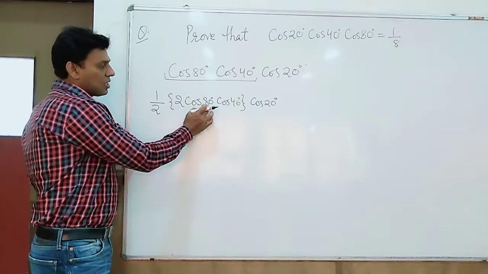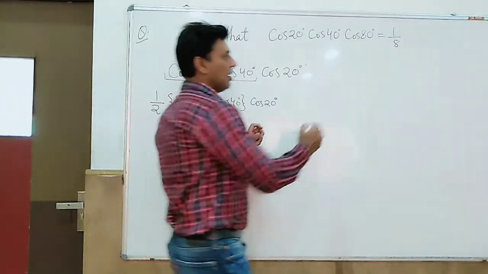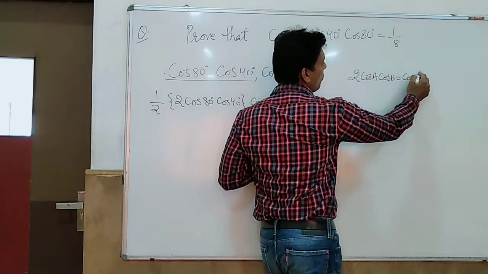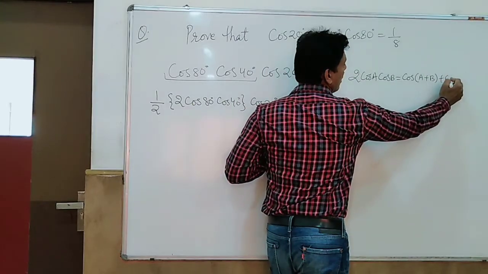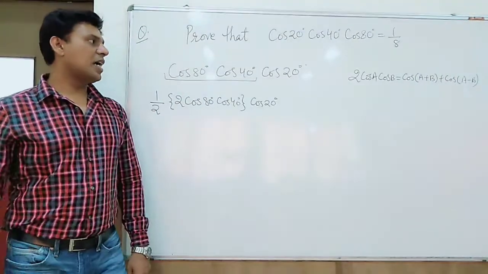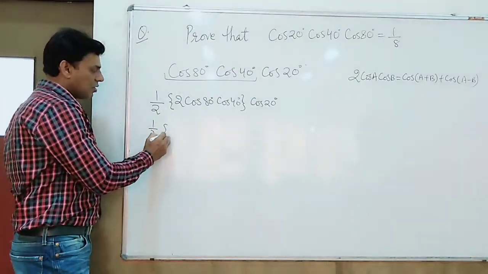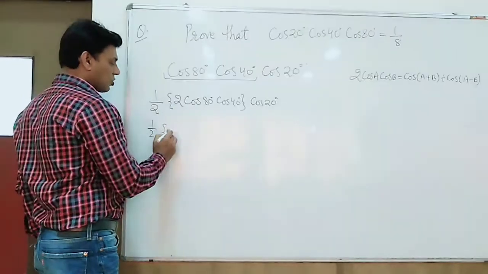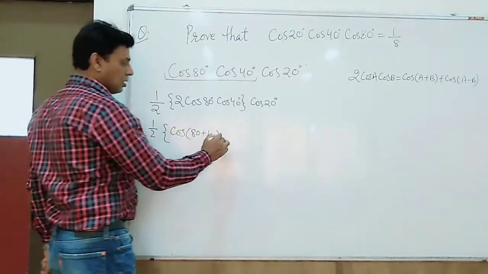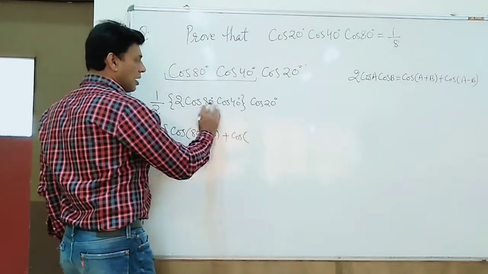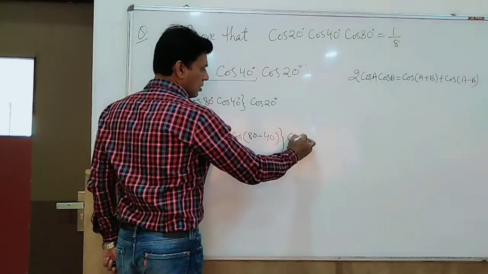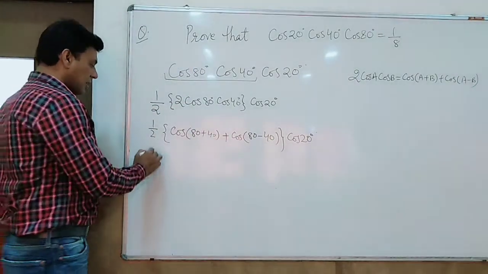Now you have 2 cos A cos B. So you have to use the formula of 2 cos A cos B, which is equal to cos A plus B plus cos A minus B. This is the formula for 2 cos A cos B. So we will apply the same formula, half. So 2 cos A cos B will be cos A plus B, then plus cos A minus B.